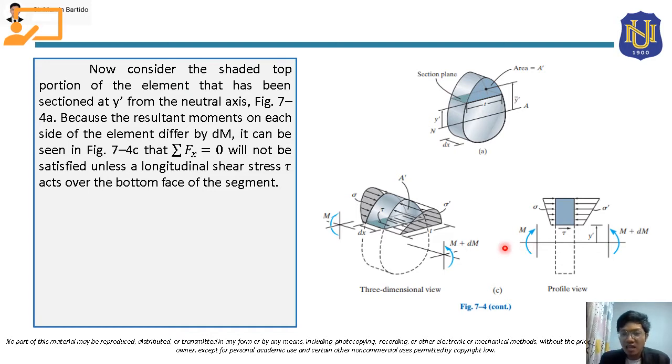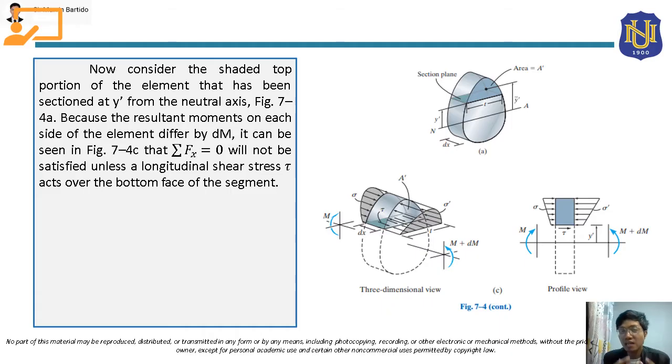Class, di ba kanina yung mga nag-a-act na moment doon sa element natin, they differ by dM. So ito yung difference nila, class. Kapag ginamitan natin ito ng summation ng forces horizontal or Fx equal to 0, hindi siya magiging zero, kasi meron silang difference nga na dM. So in this case, itong dM na ito has to be opposed.